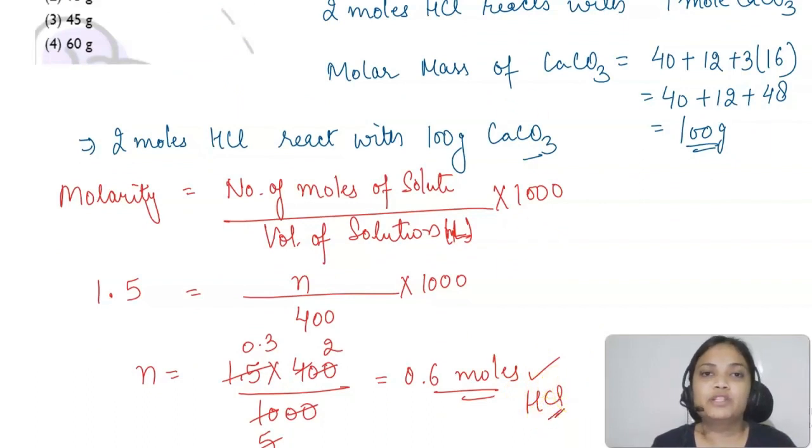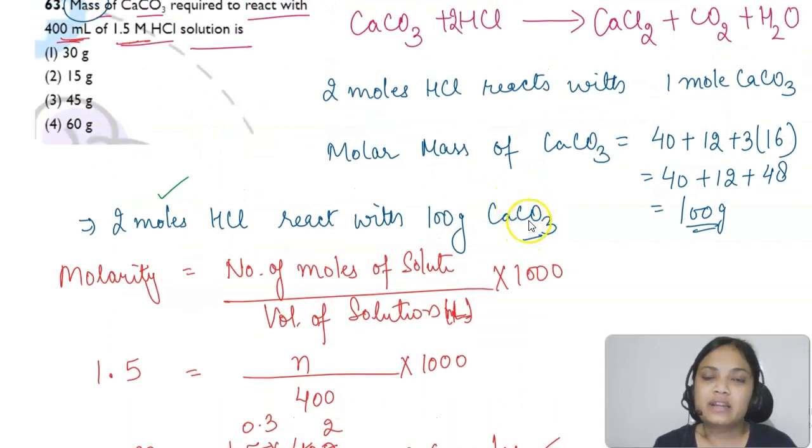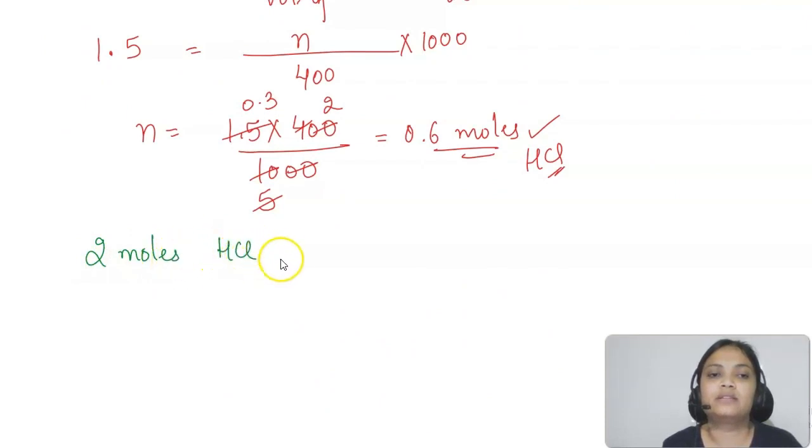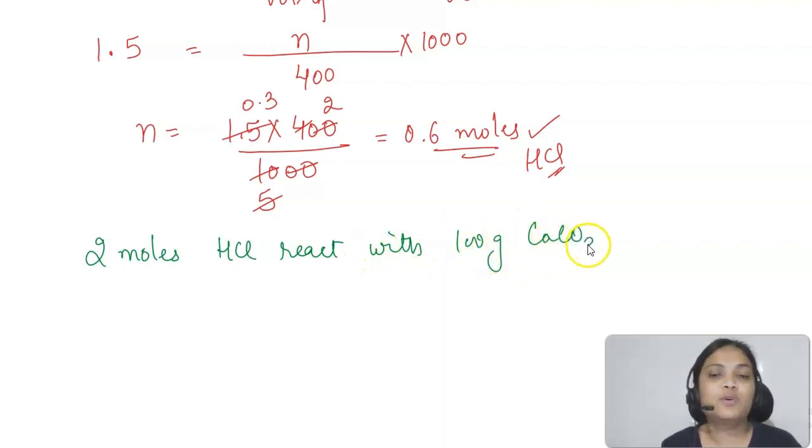Now from the question, 2 moles of HCl react with 100 grams of calcium carbonate, right? So please write: 2 moles HCl react with 100 grams of calcium carbonate. So 1 mole will react with how much? 100 by 2.